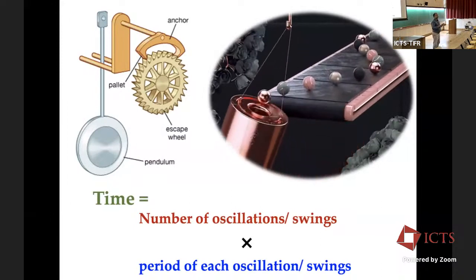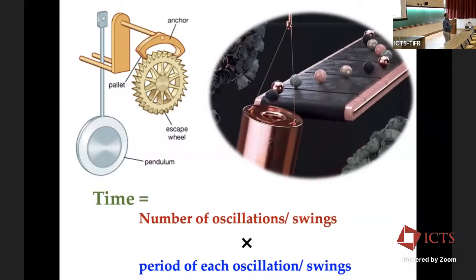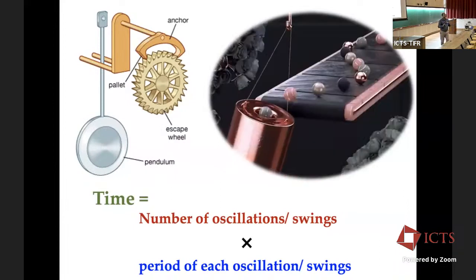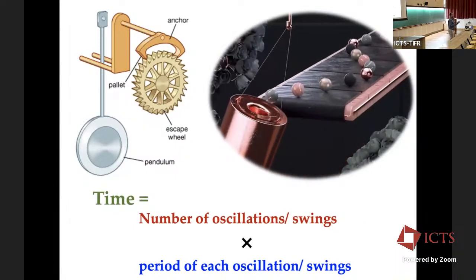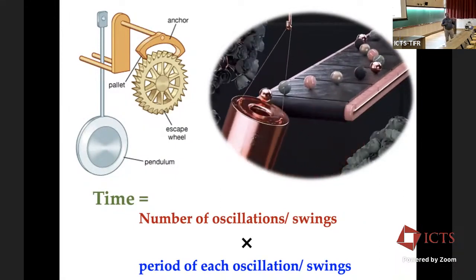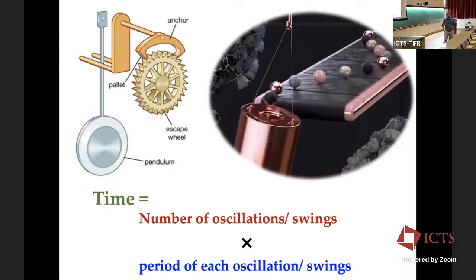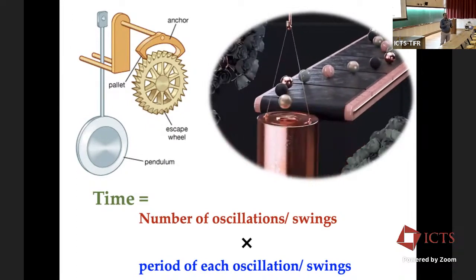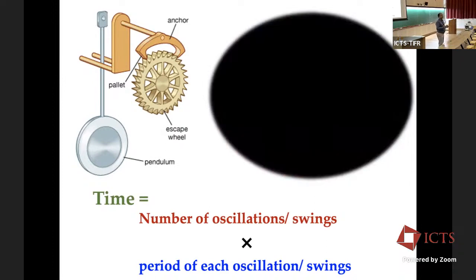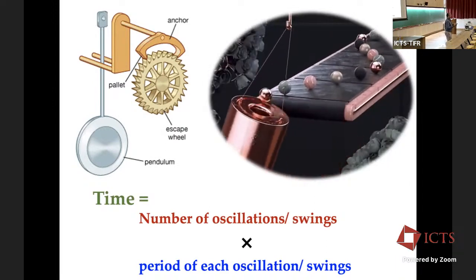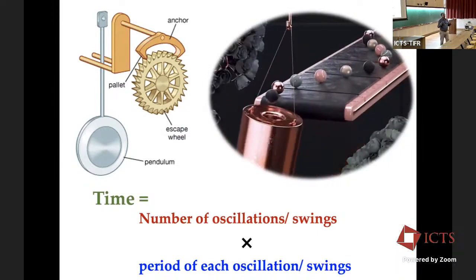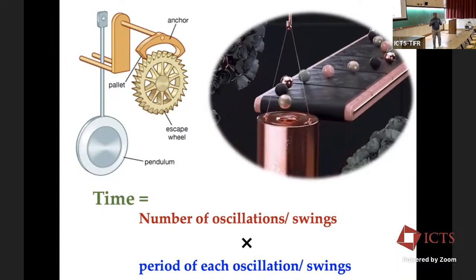That's the basic principle of any clock, irrespective of whether it is an atomic clock. Practically you need an oscillator and a counter. For example, if you have a pendulum with an oscillation period of 1 second, and you count 60 of them, that means you are counting 1 minute, 60 seconds.